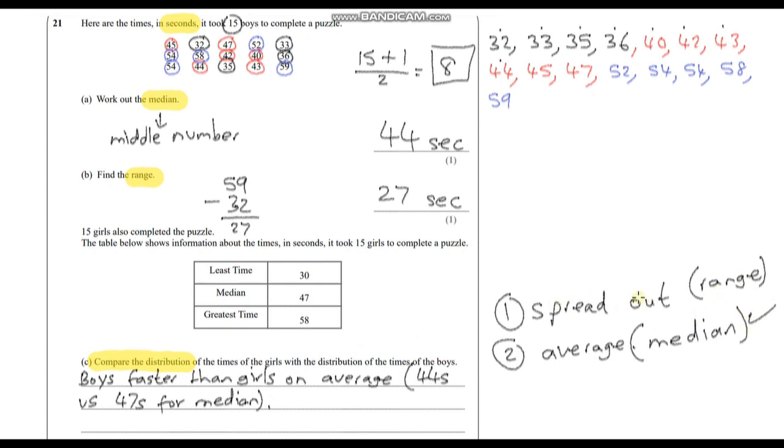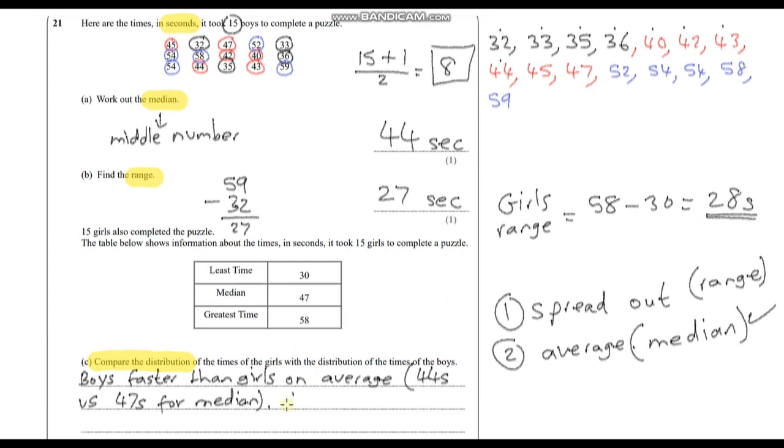Now we need to look at how spread out the data is. So the range. We know the range for the boys is 27 seconds. Let's look at the girls' range. The greatest time is 58. The quickest time was 30. So 58 minus 30 is 28. So it's close, but it looks like the girls have a slightly larger range.